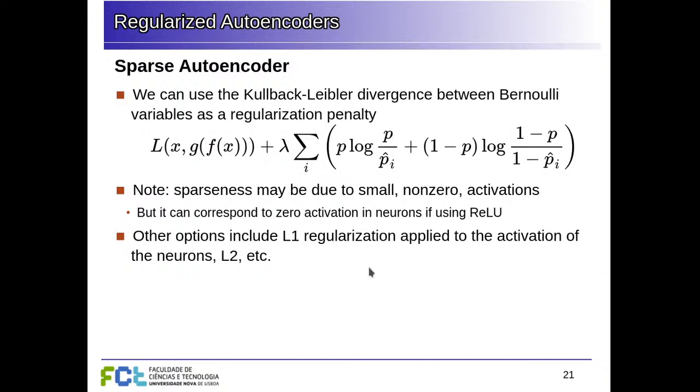This will make our network prefer to find encodings that bring the probability of firing of each neuron in that hidden representation for each example as close as possible to the probability parameter that we are setting.